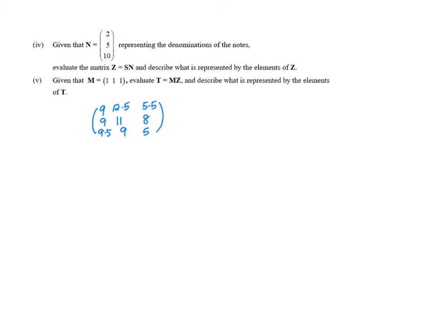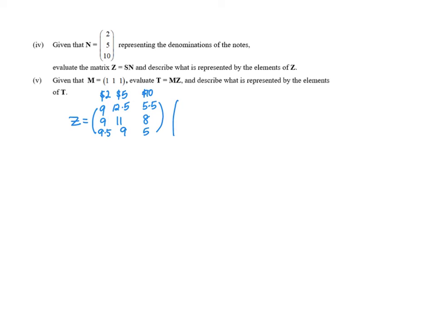Next part, given that n equals to the denominations 2, 5, and 10 of the notes, evaluate s times n. So z equals to s n. Now I've written down the matrix for s already, which is the average number of dollar notes for $2, $5, and $10.